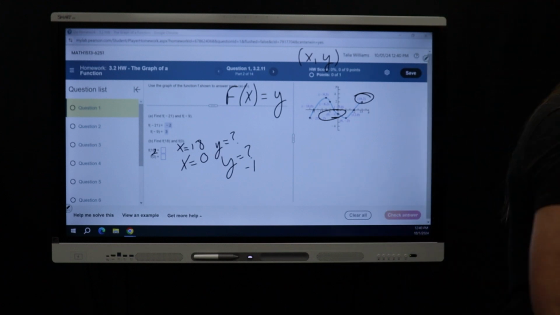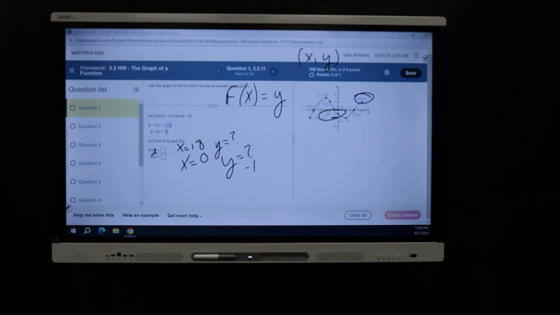And when you're looking at the graph, be sure, because when I looked at it first, I saw negative 3, 0, because that's where x would be 0, but that is not the point that goes there. So be sure x matches up. So I looked down and saw that's where x is 0. So when it's 18, it's 2, and when it's 0, it's negative 1.